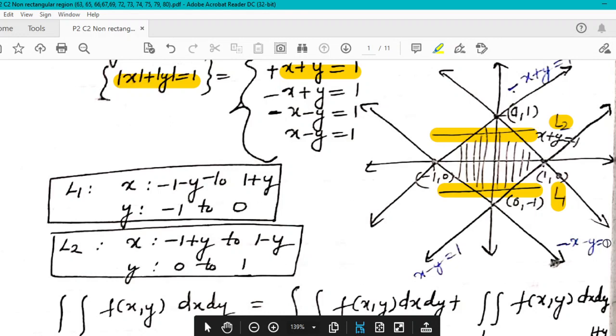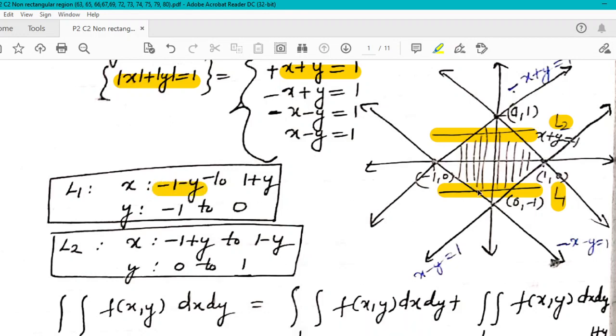So from here, the value of x is -1 minus y. And as L1 passes through the region, it touches this line at this point. So at this point, the value of x is 1 plus y. So you get the limit of x from -1 minus y to 1 plus y.